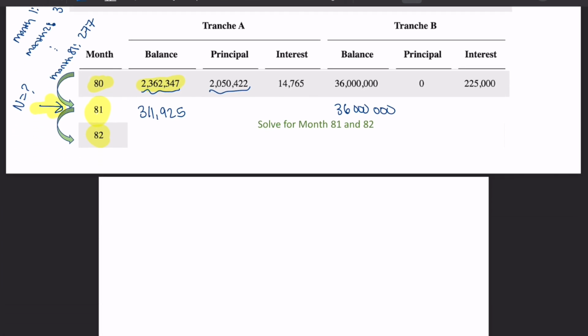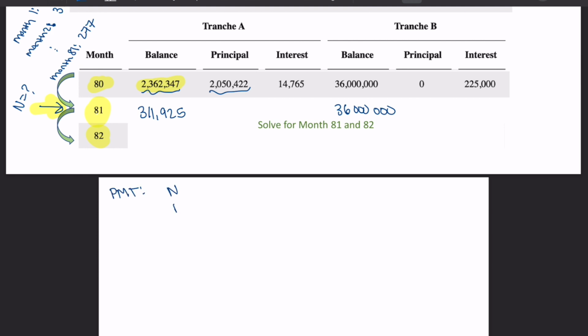So let me start a new page here and start off with getting the payment, writing out my time value of money. N is 277. I is still that weighted average coupon, the 8.125, made monthly.